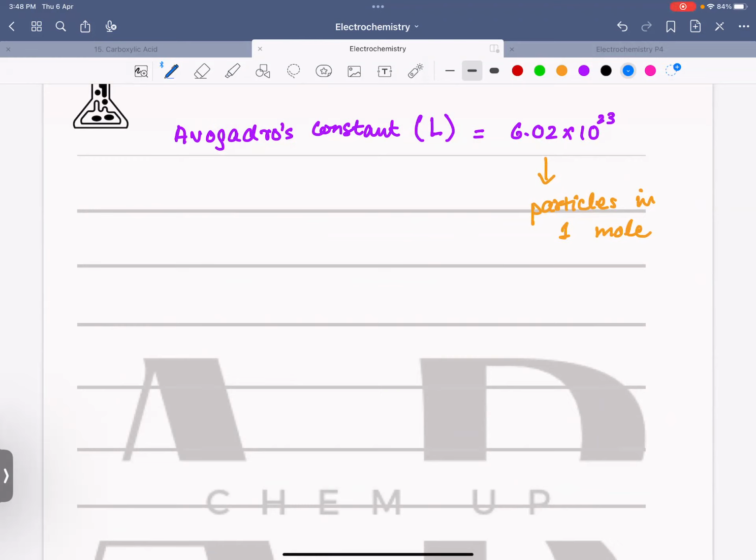And for that, we use this relation: Avogadro's constant is equal to F over E, where F represents the charge of 1 mole of electrons, and E is the charge of 1 electron.